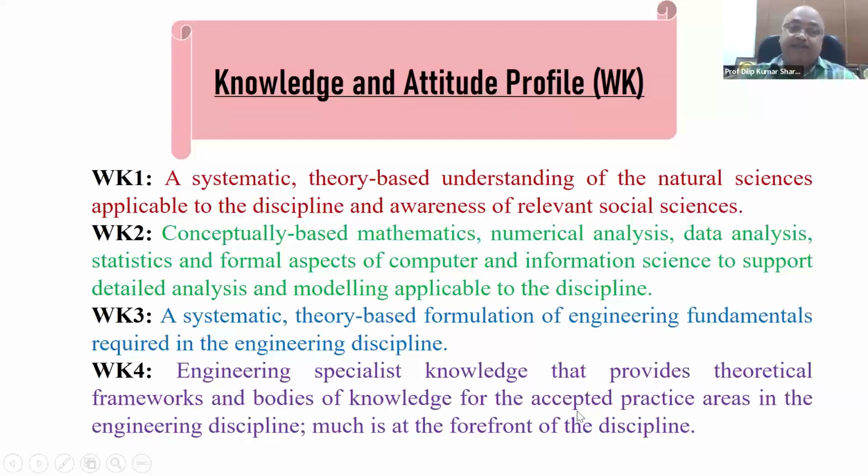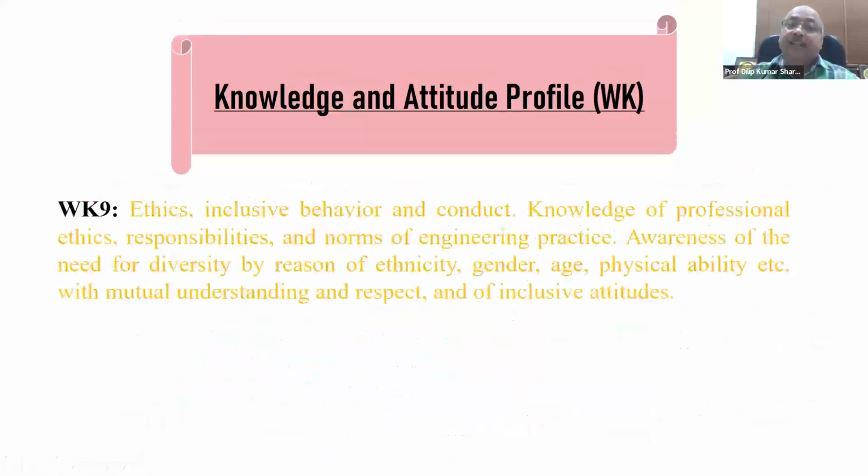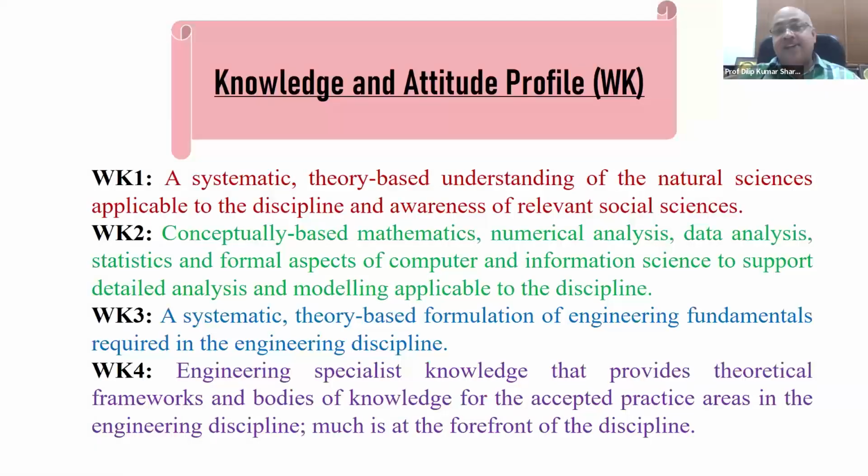There are 9 knowledge and attitude profiles, which you will need after some time to map your POs and all the things. What those 9 are, I'm going to tell you. You can remember them if you listen at least 4 or 5 times.